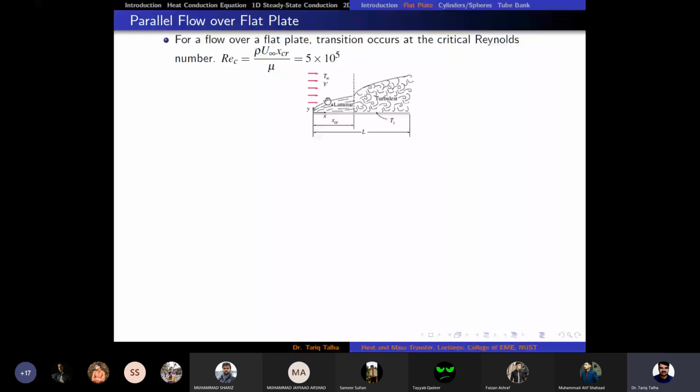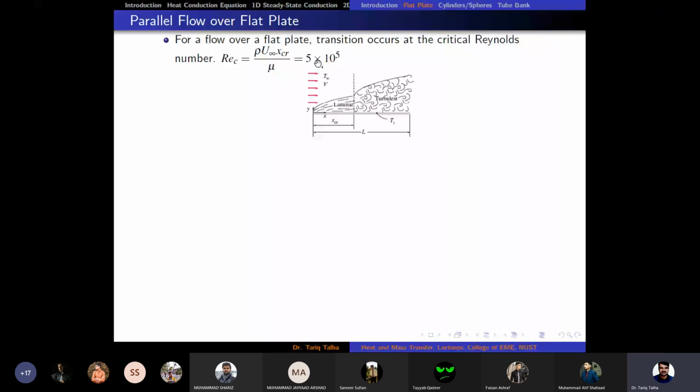If you see, this line is showing you the thickness of the boundary layer. As I explained in the last class, it grows along the flow direction, and T_s is the temperature here. Up to this vertical line, the flow is laminar. After that, the flow transition would occur because the Reynolds number would be greater than 5 lakh.